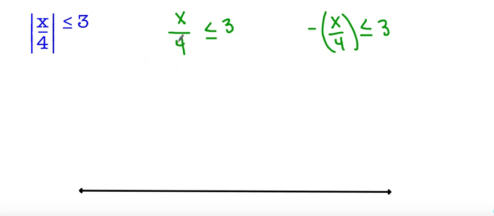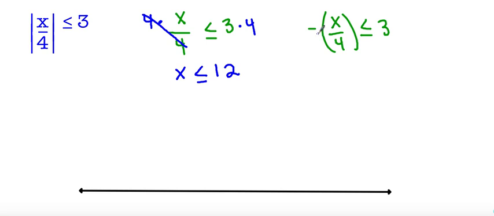If we want to isolate our x, we can multiply by 4. That cancels out. So in this case, we have x is less than or equal to 12.